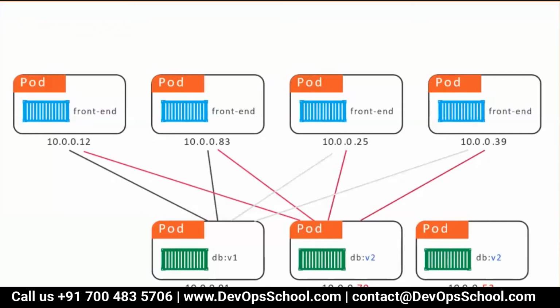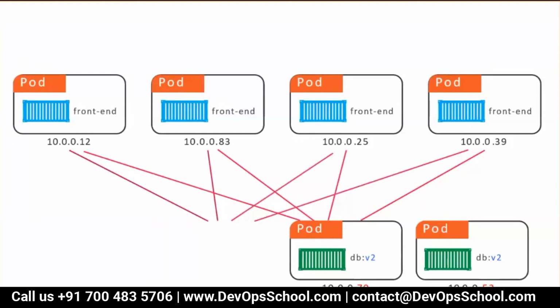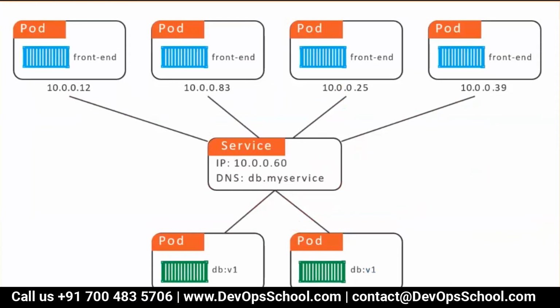So you may have an old pod also and you may have a new pod also. And here a new IP address also pops up with the pod. So how do you tackle these situations? Front end is confused about whether it should access v1 or v2, or whatever it is. So it's this problem, right? So how do you solve this problem?